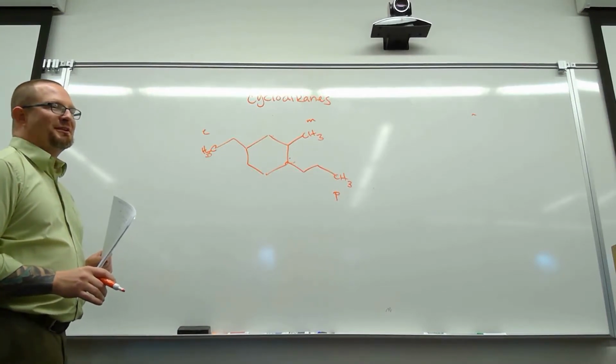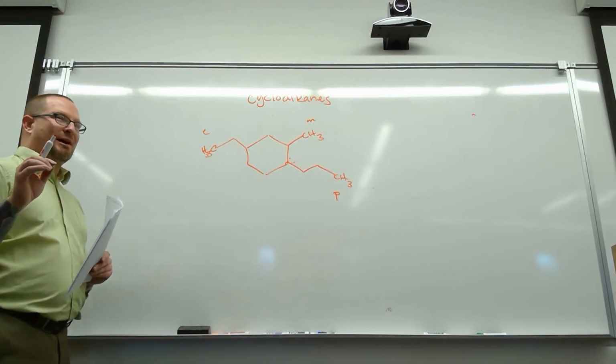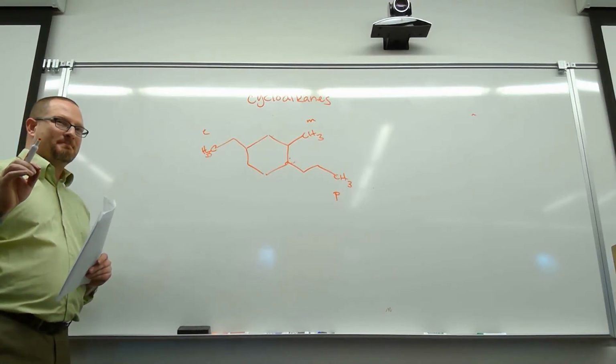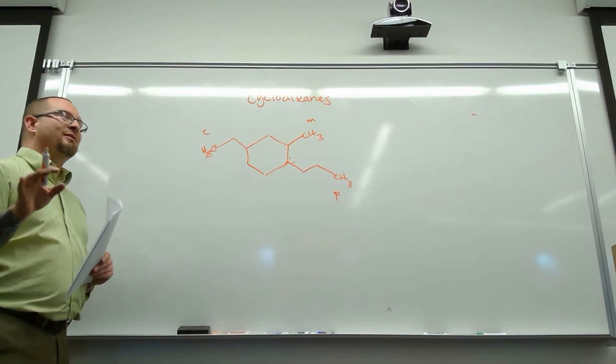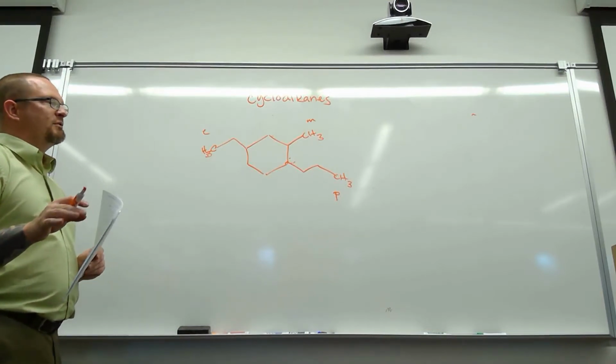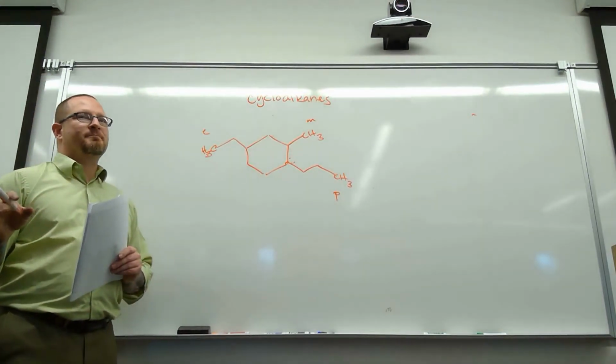So this one's a little tricky. We're going to list them in the name in alphabetical order, like we do with the other alkanes. But we're going to number in a fashion that gives us the lowest possible total for all of our substituents' values.